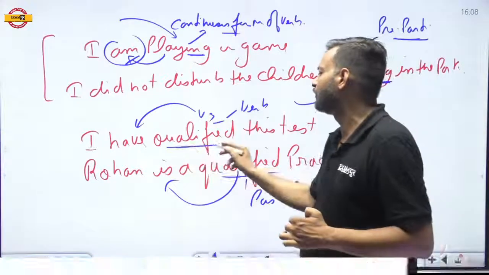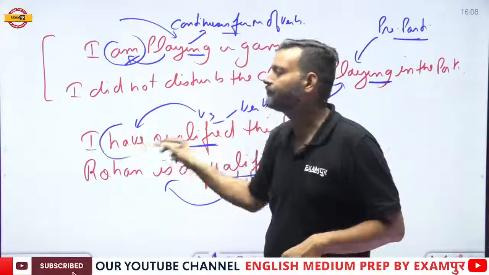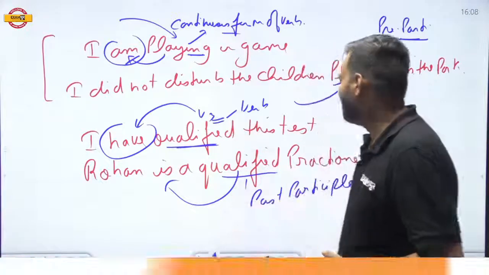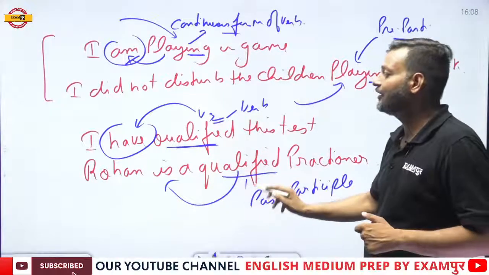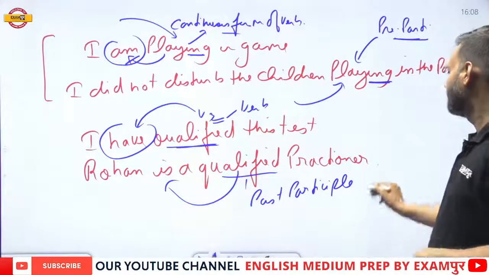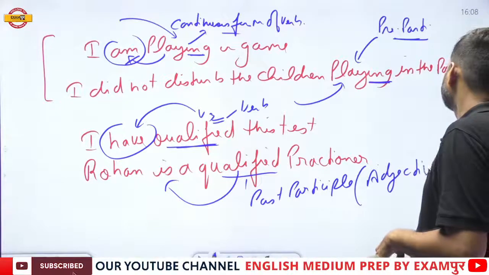And same is the case with past participle. When the third form of verb is used with have, has or had, it is a verb. And when third form of verb is used without have, it is a past participle. And remember, past participle works as an adjective.